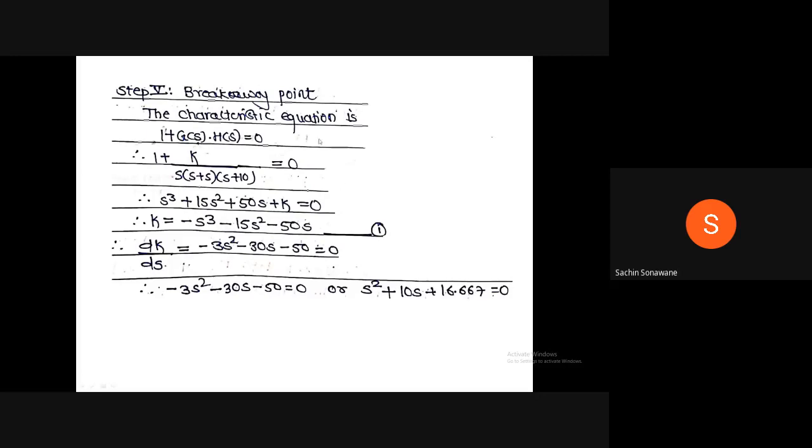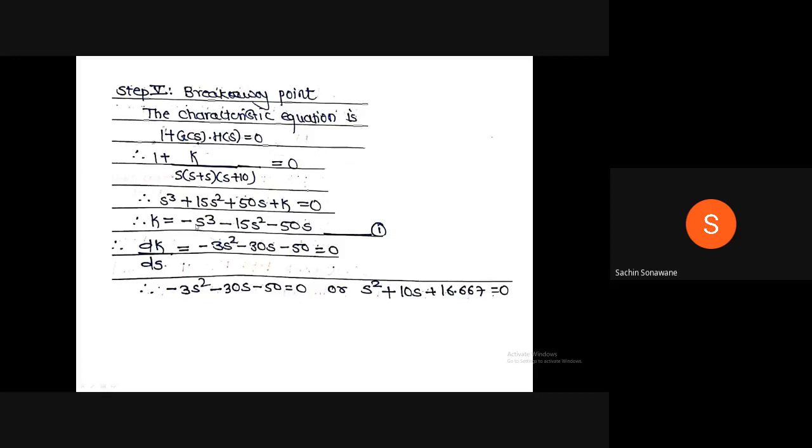Now step 5, breakaway point. The characteristic equation is 1 plus GH(s) is equal to 0. Therefore 1 plus k divided by s into (s plus 5) into (s plus 10) is equal to 0. Therefore s cube plus 15s square plus 50s plus k is equal to 0.